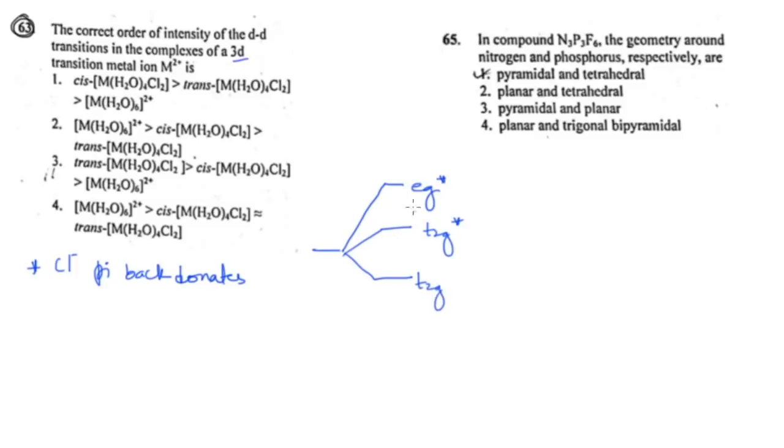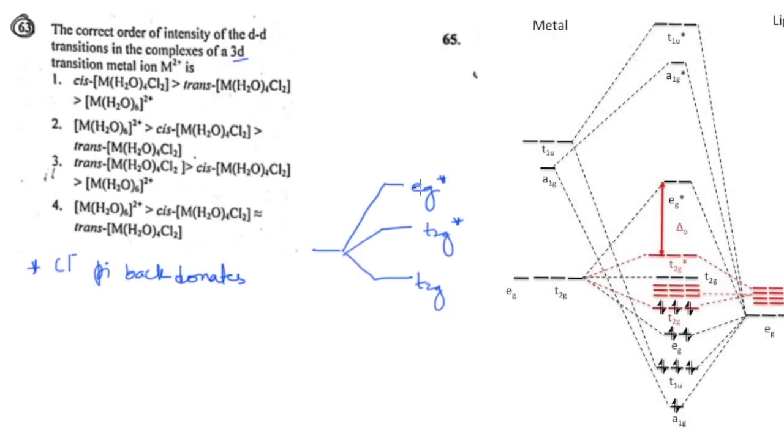I have just drawn those orbitals which are involved in the transition, and not the others, just for the d orbitals. I'll show the whole molecular orbital diagram on the right side of the screen, as a slide show. You can see from there how this transition takes place from the T2g* to the eg* orbital. This comes from the molecular orbital theory of this particular complex.